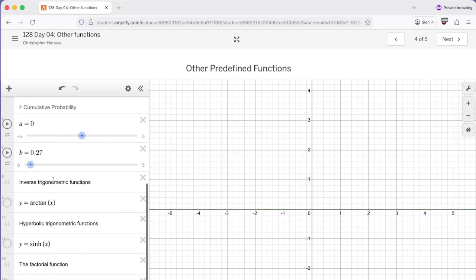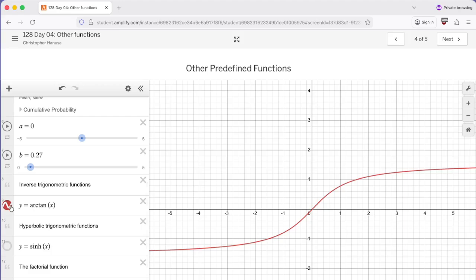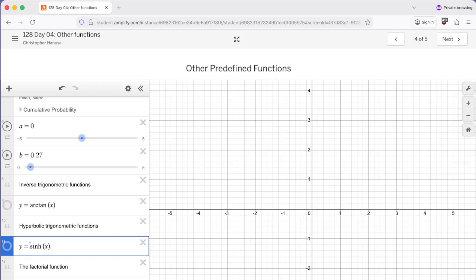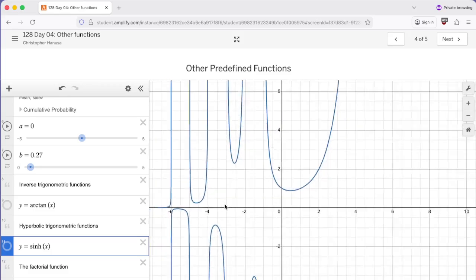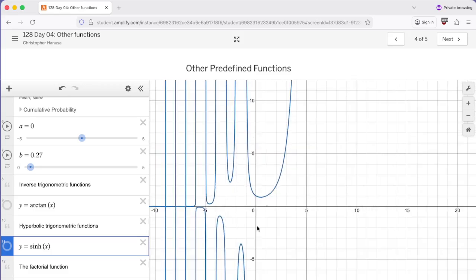It also has inverse trigonometric functions, for example the arctangent function. It has hyperbolic trigonometric functions like the hyperbolic sine function. And here's a really wacky one. Here is the factorial function. Let me zoom out a little bit. You can see it has all of these different bumps coming from up high down to low and going back, and it bounces up and down.